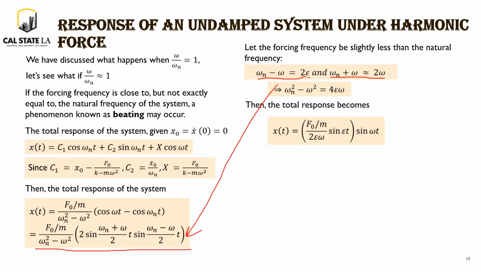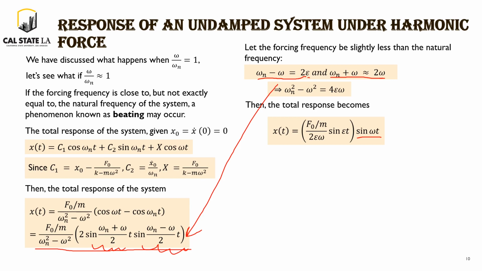Then we can find the total response x(t), that becomes f0 over m over 2 times eta omega times sine eta t. Sine eta t is from this term over here, times sine omega t, which is this term. By looking at the result, we can see that this vibration will include a sinusoidal vibration, sine omega t.